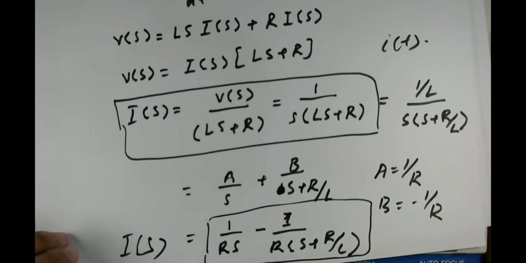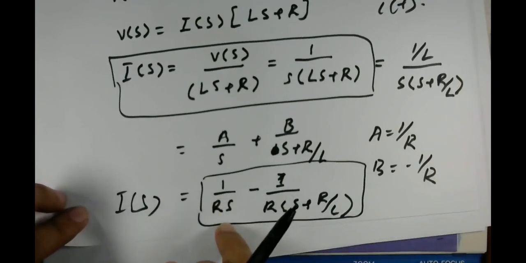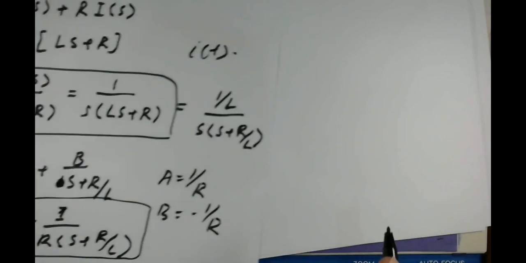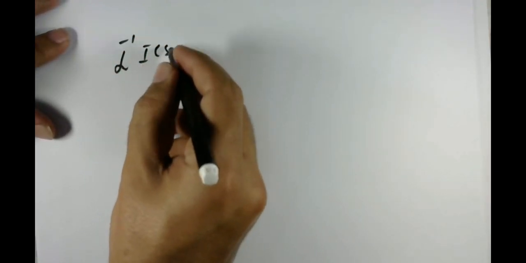Now we know that 1 by R is a constant. So 1 by s is what? u of t, right, when you perform the inverse Laplace. So you just need to perform the inverse Laplace on I of s.